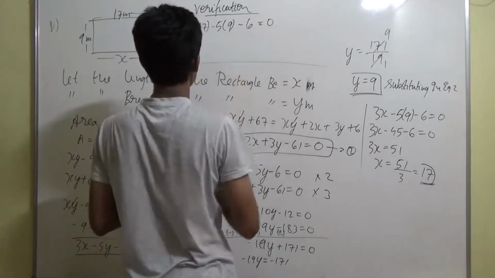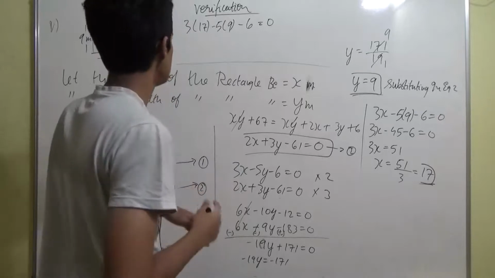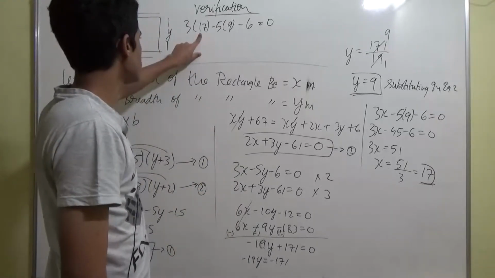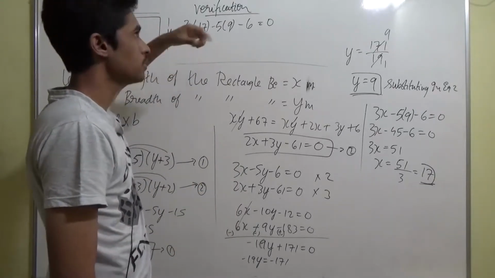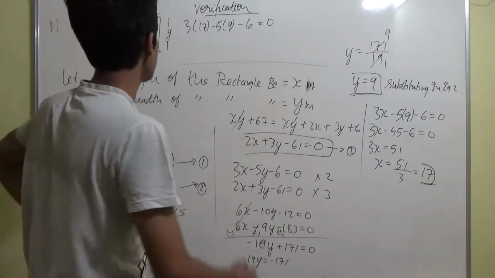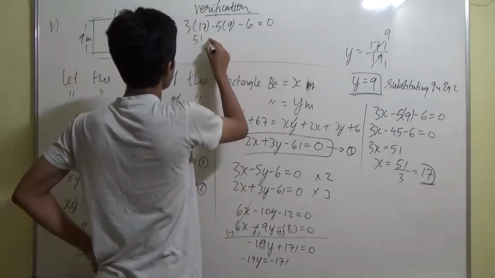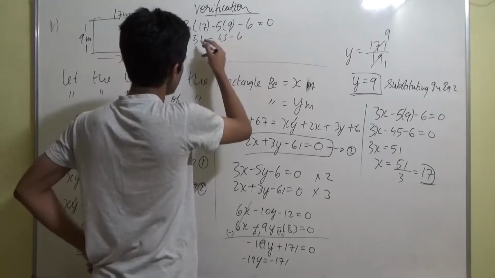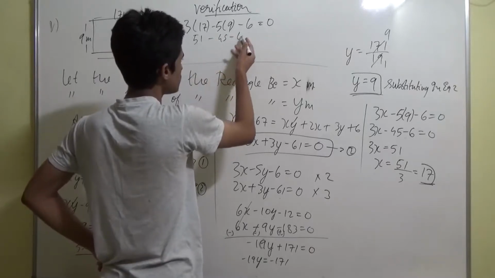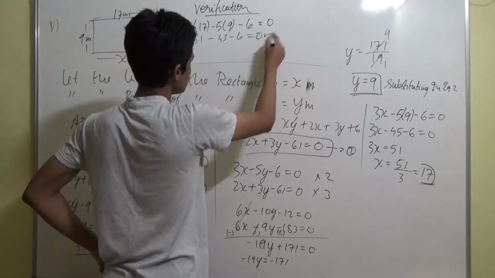We should see if it comes out to be equal to 0. 3 into 17 is 51. 51 minus 45 minus 6. Yeah, guys, 51 minus 45 minus 6 is 0. It comes out to be 0, hence verified.